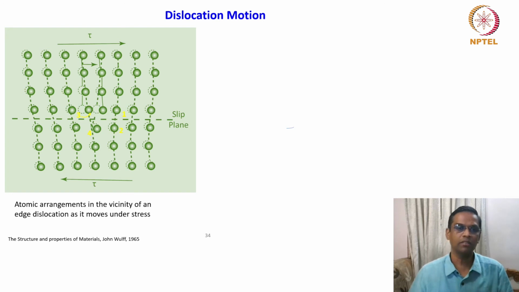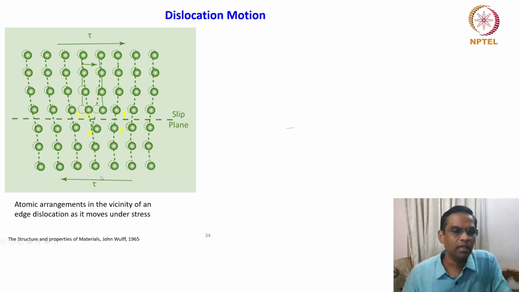The first step is we should describe how dislocation motion takes place. Here is a nice example. This is a 2D lattice with an edge dislocation, and the shear stress is applied in both directions, here and here.